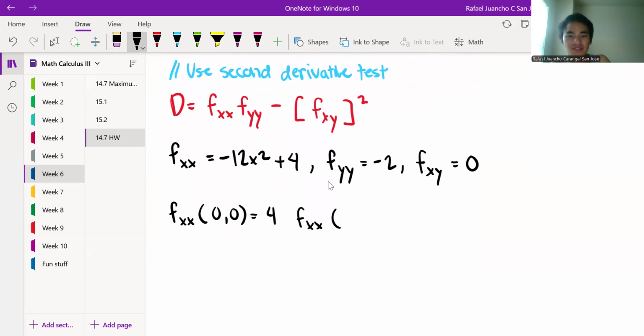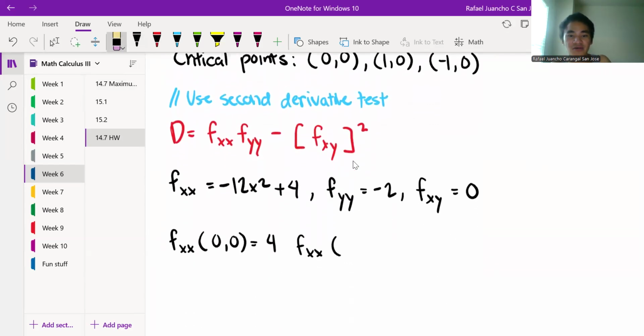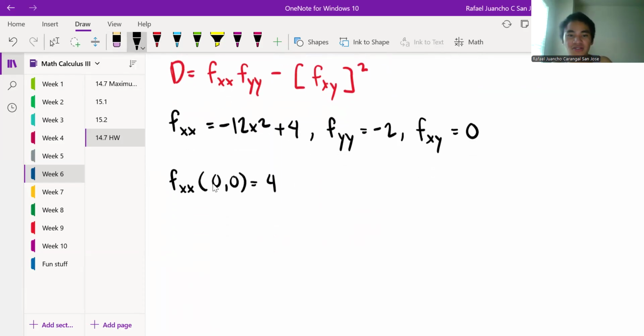My f sub yy at this critical point is negative 2. And then my f sub xy is always 0. So I can completely ignore f sub xy. I just need this. Let me go ahead and plug in.